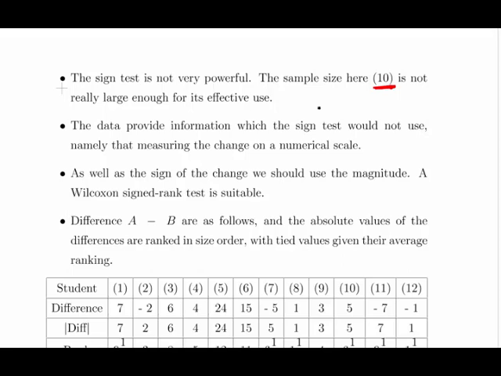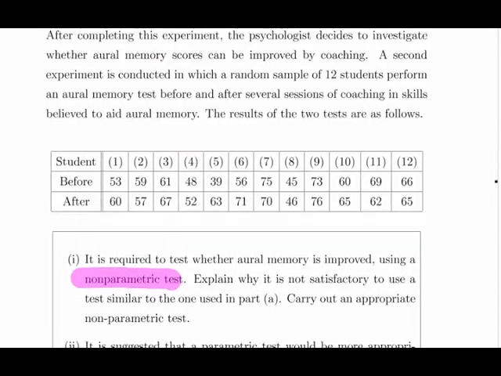So the data, and this is part B now, provides information which the sign test would not use, namely measuring the change on a numeric scale. And essentially what we are discussing here is these differences.